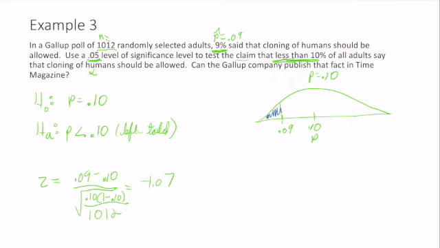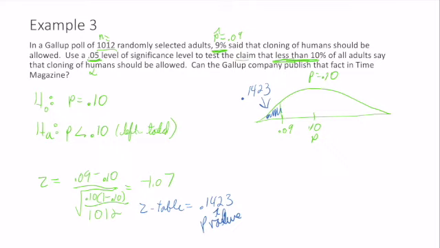So I go to my z-table, and I find that I get a z-table value of 0.1423. That's the area under my curve. So this is also my p-value, the probability of this occurring by chance.